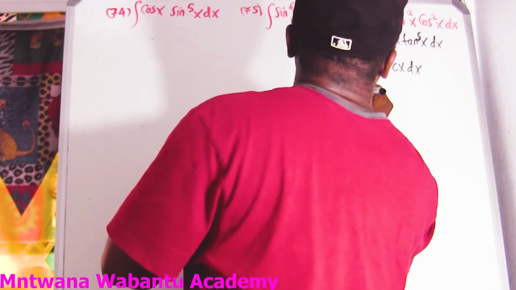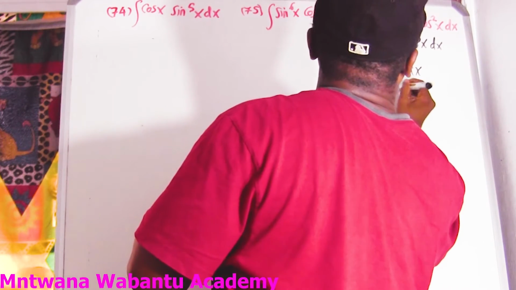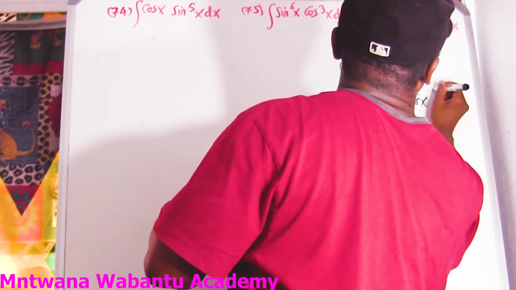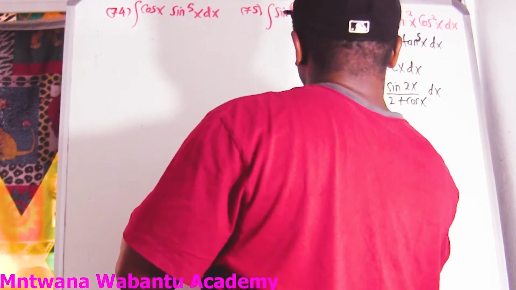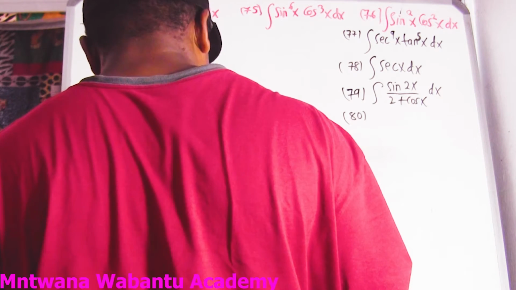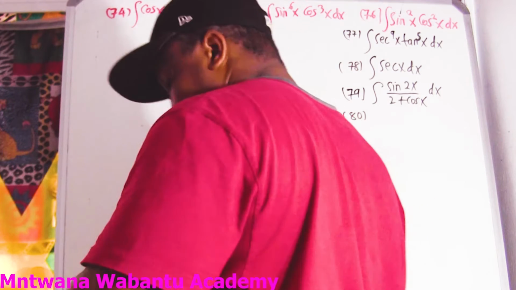Okay, and then 79: integral of sine 2x over 2 plus cos x dx. 80, okay, question 80. Okay, cool, this one is done.